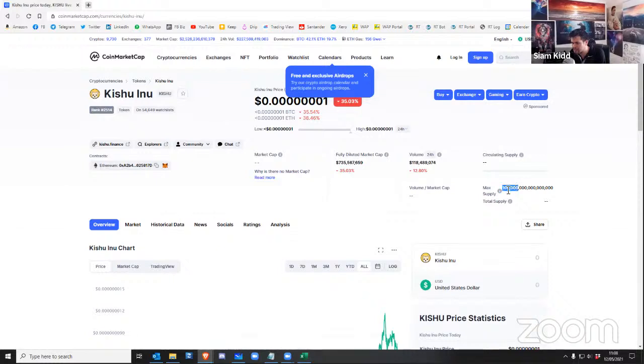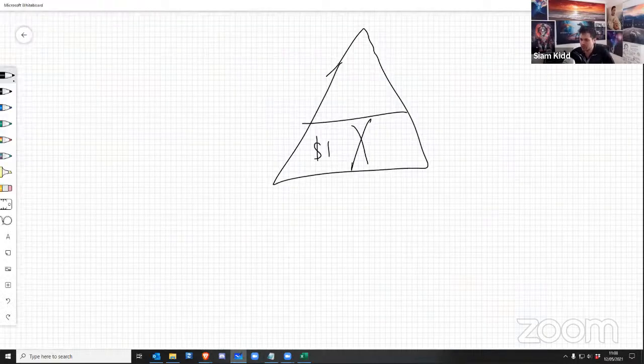So is that 10 quadrillion? Oh man, my numbers are off. Billion, trillion, quadrillion. It's 100 quadrillion. Oh, Jesus Christ. So it's 100 quadrillion max supply. Right. Well, that's pretty easy to work out.